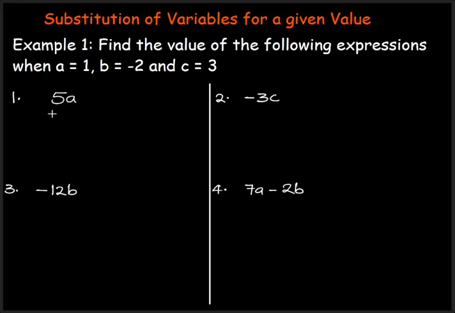Now, what we must take note of is that if we have something like 5a, 5a means 5 times a. So the 5 is multiplying with the variable. If a is 1, that means the 5 will also be multiplying with the 1.